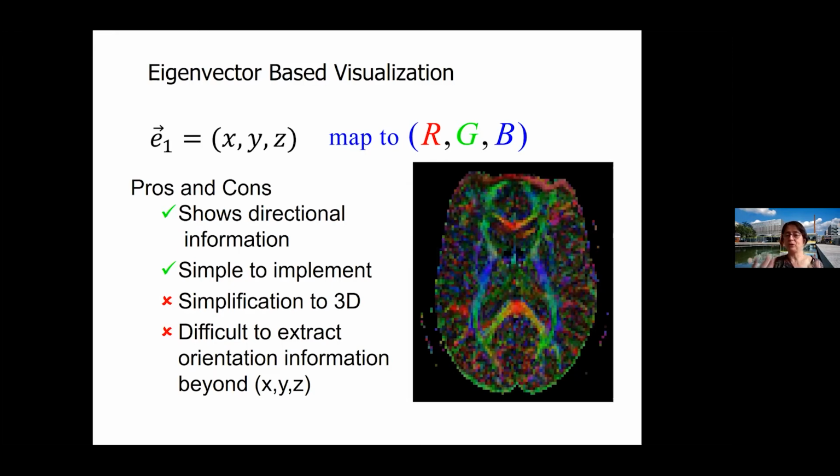And then you visualize that on your slices, and then you get these colorful images like this. So this is rather simple. It shows directionality, but it has the problem that you see very well the main orientations of the brain, left to right, front to back, and bottom to top. But if it's anything in between, it's harder to inspect. And you still simplify your information, of course.